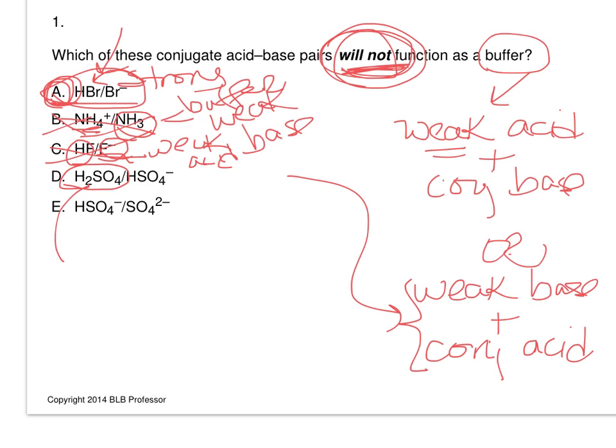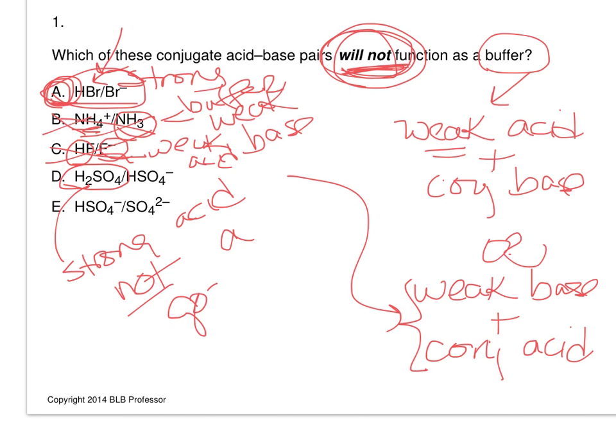Sulfuric acid is a strong acid, which means it is not a good buffer. And so that is another correct answer for this problem. And finally, HSO4 minus, in this case, is certainly a weak acid.